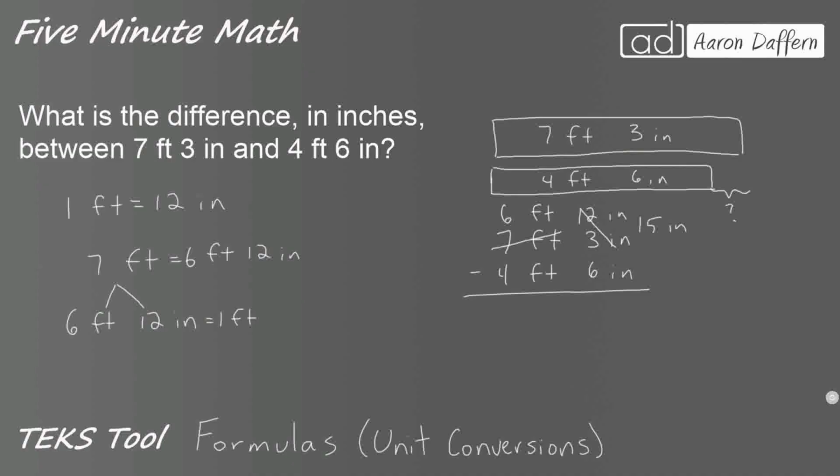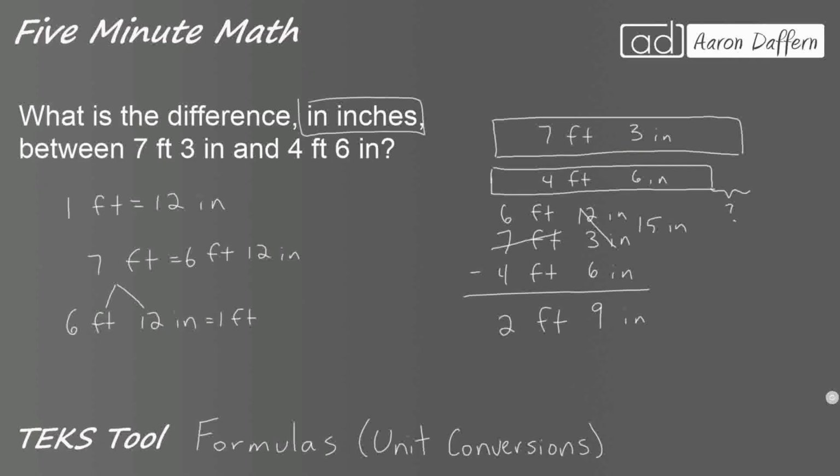Now I can subtract 15 inches minus 6 inches, which is going to be 9 inches. And then 6 feet minus 4 feet is going to be 2 feet. Now, the question says in inches, so I need to convert this into inches.